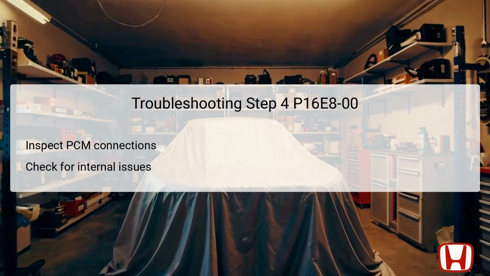If further diagnostics confirm internal issues within the PCM, it may require repair or replacement. Given the complexity of modern vehicle systems, PCM issues can be particularly challenging and must be approached with care to ensure any replacements are compatible and correctly programmed.